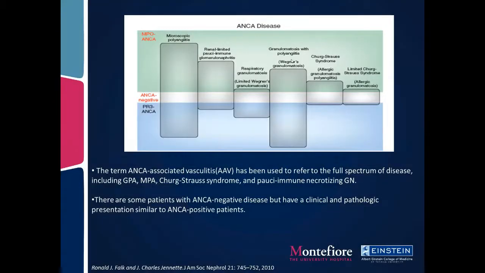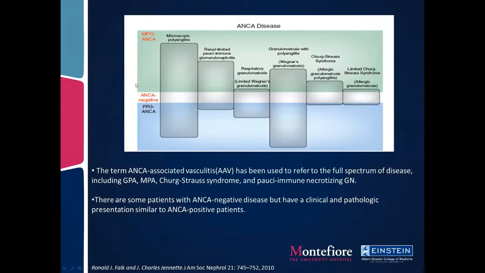For ANCA vasculitis, ANCA disease, there has been a lot of change in how the disease is classified. Traditionally, it used to be classified as MPA, microscopic polyangiitis, Wegener's, Churg-Strauss, but now the classification has moved on from these names to just classifying them based on the type of ANCA they have.